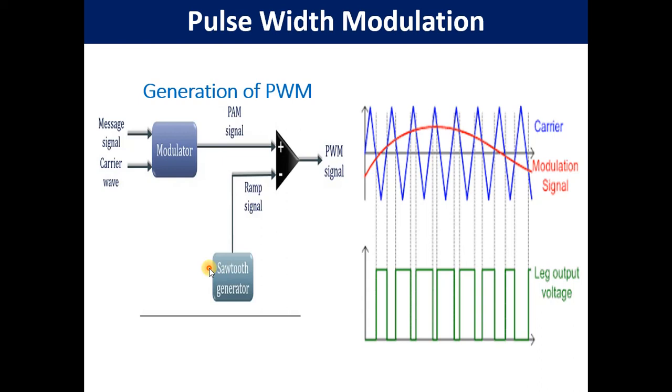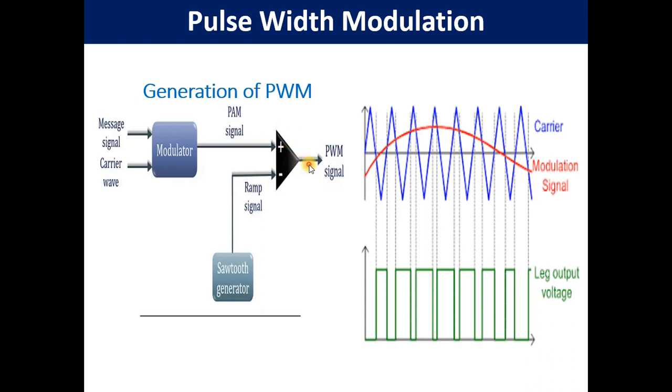Therefore, the sawtooth signal in this case is basically a sampling signal. It is applied to the inverting terminal of the comparator. The op-amp works as a comparator, whereas the modulating signal x(t) is applied to the non-inverting terminal of the same comparator.